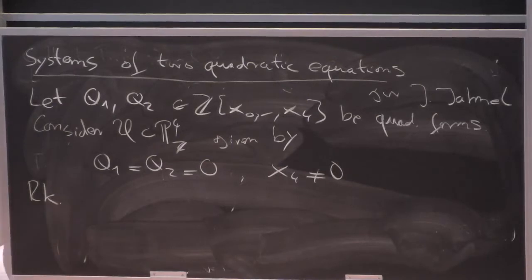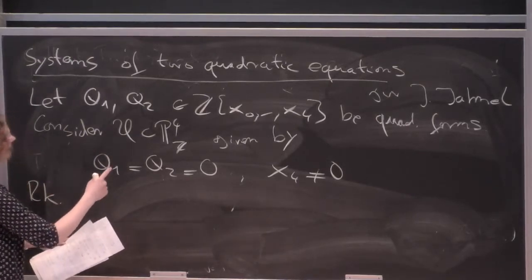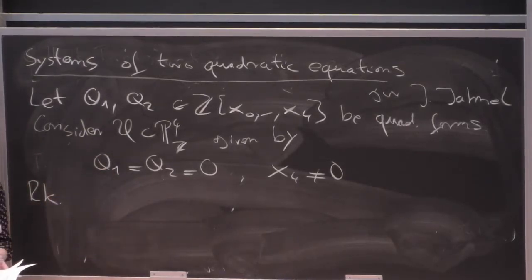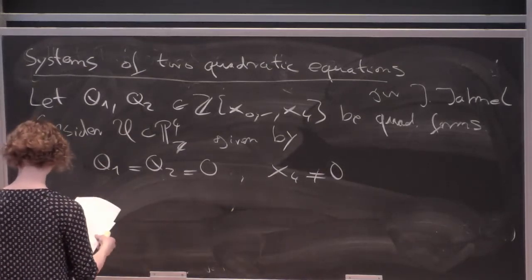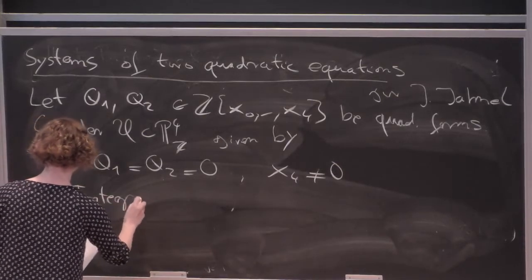If I write it down in this way, and if I ask now about integer points on that scheme, then this corresponds to solutions x0 up to x4, where x4 is equal to plus or minus 1. So that's the notation, what you should think about if you talk here about integral points.